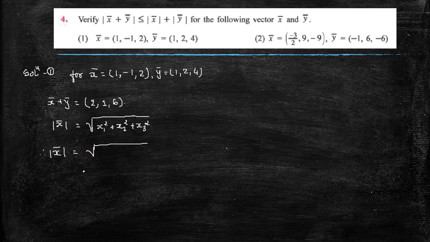So x1, x2 and x3. Square of 1 is 1, square of minus 1 is also 1, plus square of 2 is 4. So the magnitude of x is root 6.